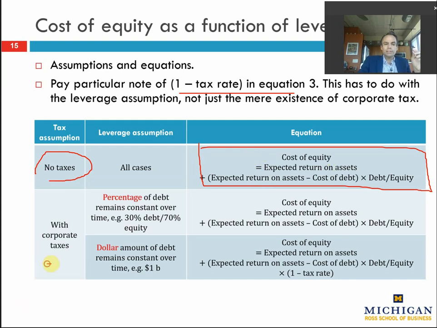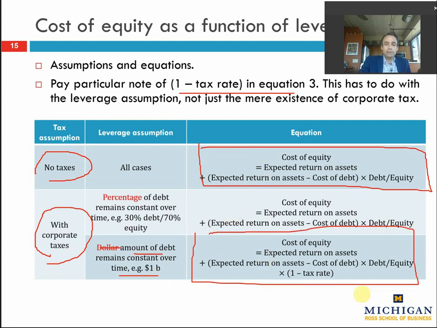With corporate taxes, but with a dollar amount of debt remaining constant over time, like for example $1 billion, or in our CVS case $20 billion, the cost of equity is the expected return on assets plus the expected return on assets minus the cost of debt times the debt to equity ratio times 1 minus the corporate tax rate. So that's going to be our big change with a constant dollar amount of debt.